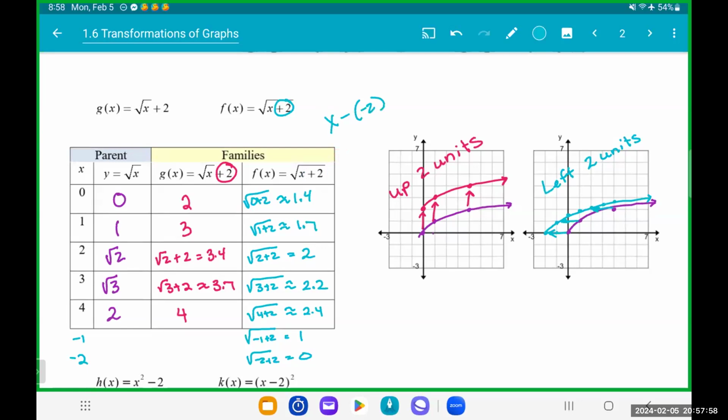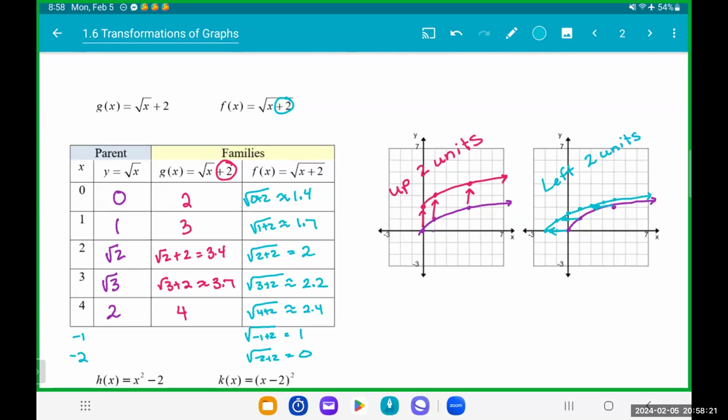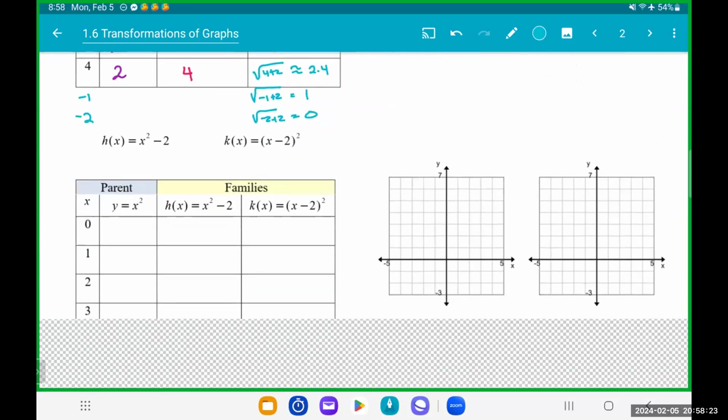Whatever that value is, that tells us we're going in our minus direction. We'll get more into that as we progress, though. So when that's positive, that means we're moving to the left. When it's x minus a value, we're moving to the right, that many units. Okay.